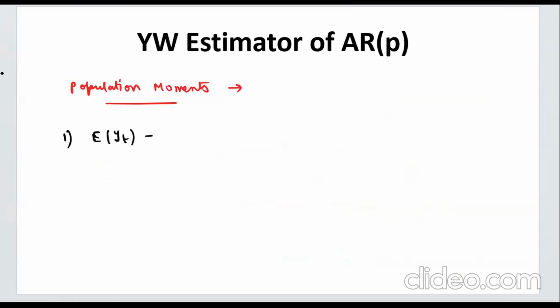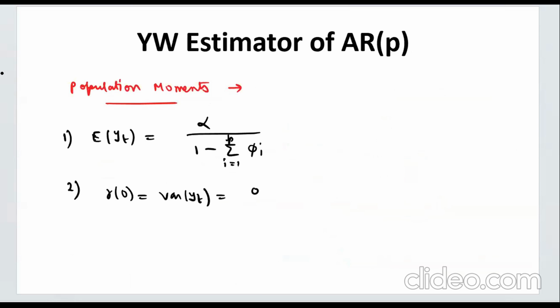So what will be the expectation? Expectation is alpha upon 1 minus summation i from 1 to p phi i. This is the expectation. We have derived it. Gamma naught is basically the variance of y t. This is phi 1 gamma 1 plus phi 2 gamma 2 all the way to phi p gamma p plus sigma square.